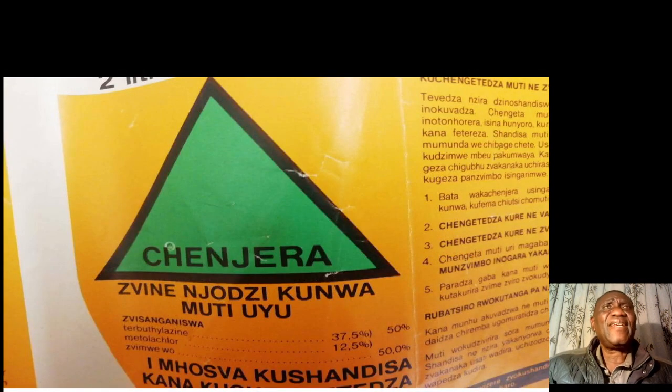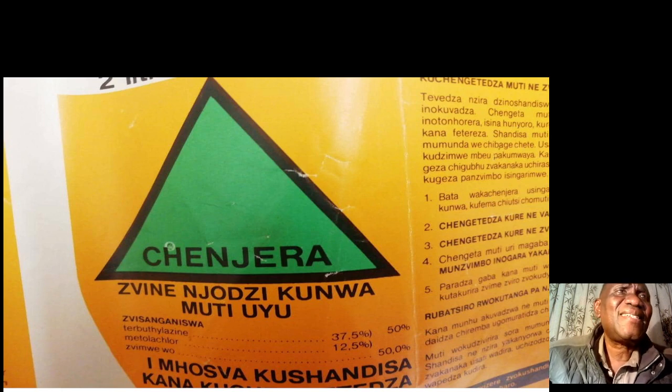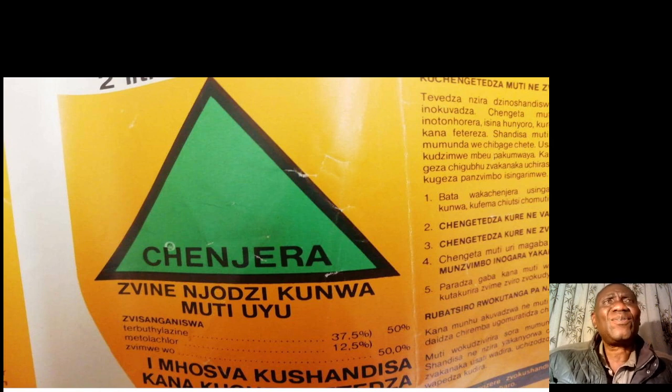So you can have this green triangle in the local language. So we have other labels in the local languages so that people can communicate. But otherwise, they may be in English.